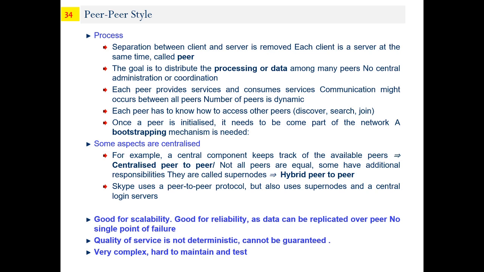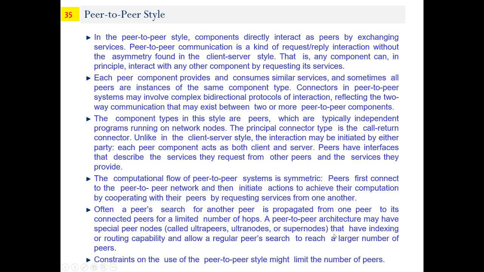The example is bootstrapping programs. It is good for scalability, but what happens here is that it is very complex and very hard to maintain and test, and quality of service, QoS in short, is not deterministic or not guaranteed. So this is the summary of peer-to-peer.